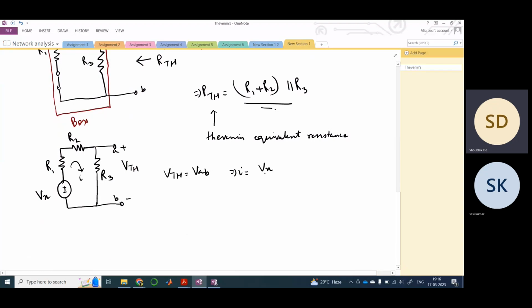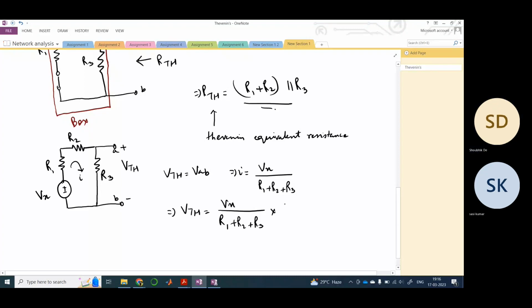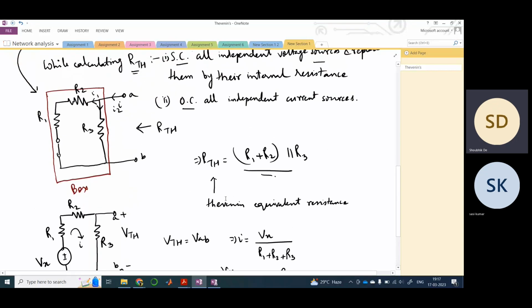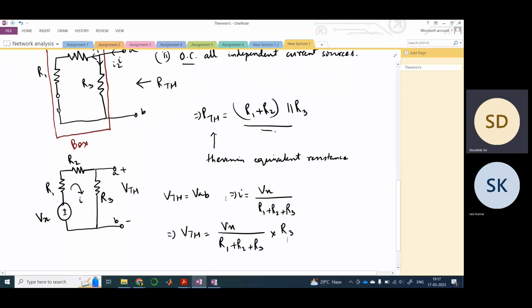I will be Vx divided by R1 plus R2 plus R3. VTH is basically the drop across this resistance only, so it is Vx times R3 divided by R2 plus R3, the voltage divider rule. This is the basic step of how you calculate VTH and RTH in a Thevenin circuit.